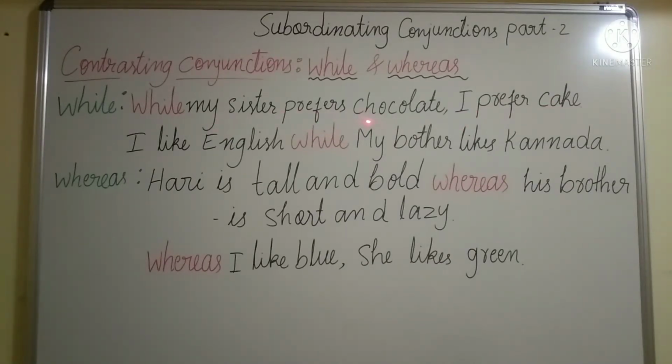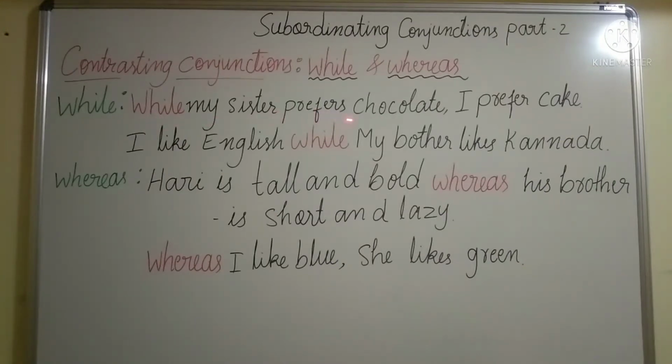This sentence starts with a subordinating clause, so we have used a comma here. Yes, when the sentence starts with a subordinating clause, we must use a comma after the subordinating clause, or we can say before the independent clause. Okay.